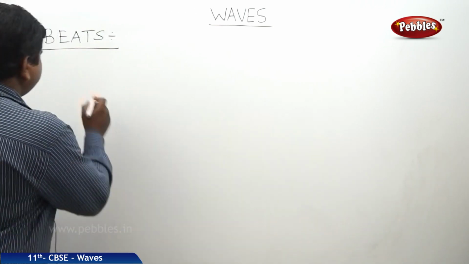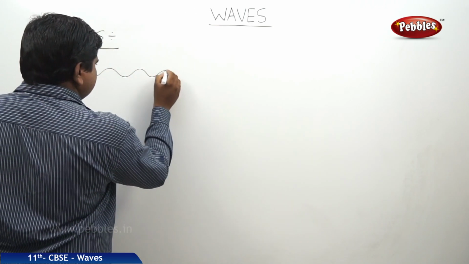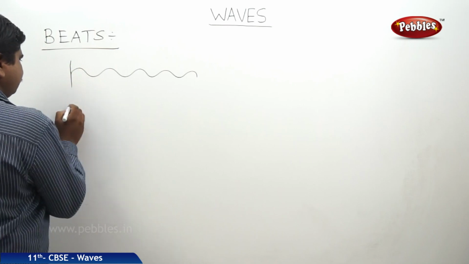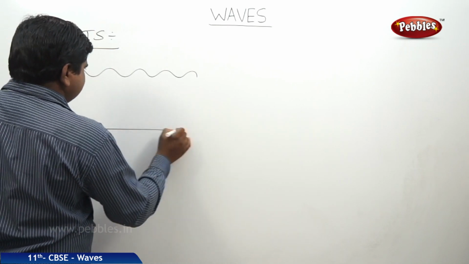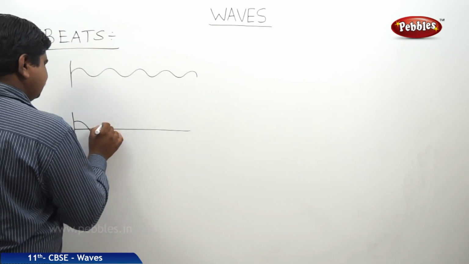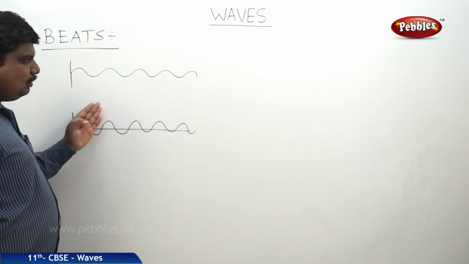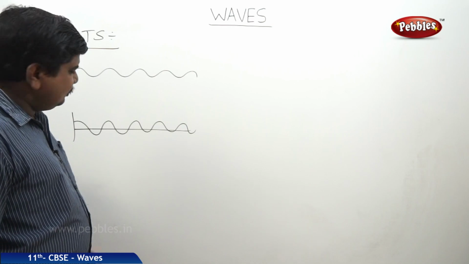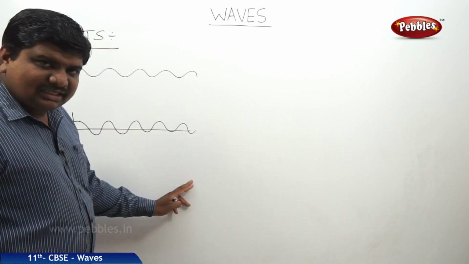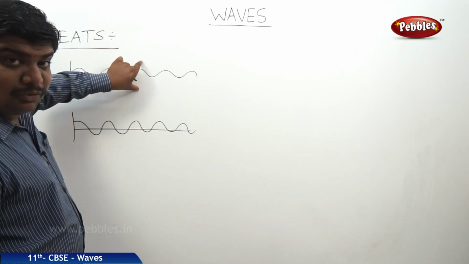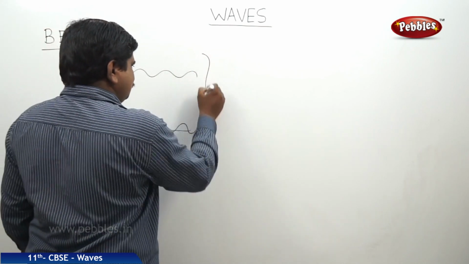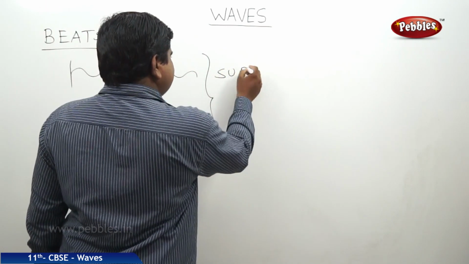That means two waves. This is one wave. Second one also has slightly varied frequency. These two are moving in the same direction. Once they are moving in the same direction, they superimpose on each other.